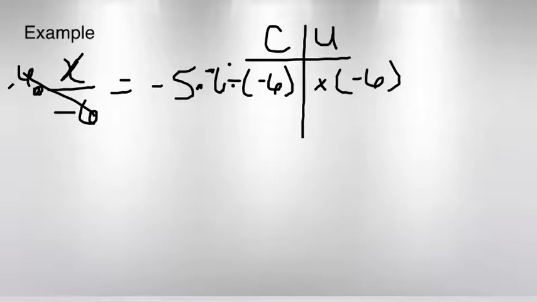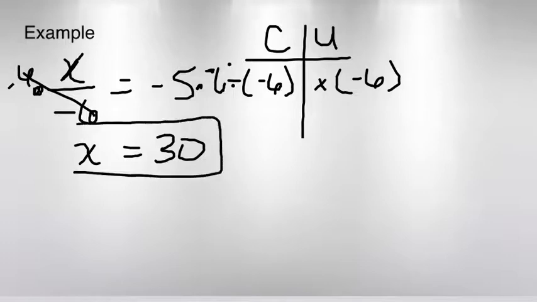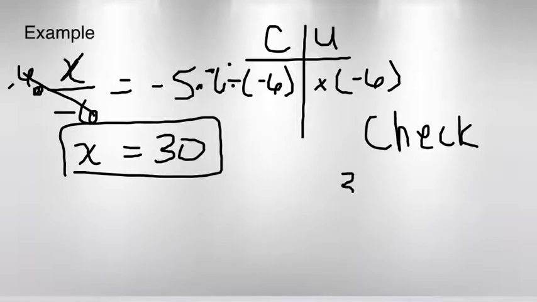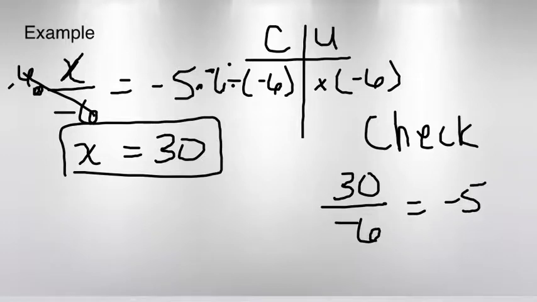A negative times a negative will give me a positive, so x equals 30. I'm going to come over here and check that. I replace x with my answer. 30 divided by negative 6 equals negative 5. Well, a positive divided by a negative is going to give me a negative, so negative 5 equals negative 5.